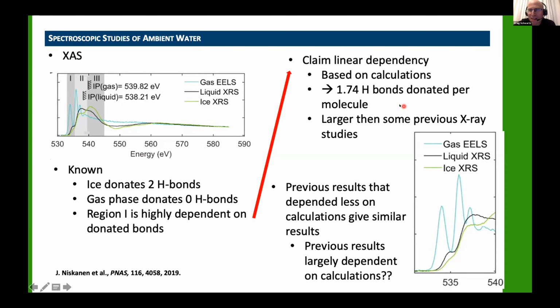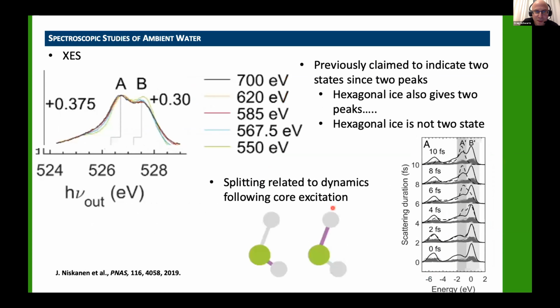This sort of implies that there's a linear dependence to donated hydrogen bonds. This is larger than some previous studies, but it's in line with those that haven't done calculations. The people who have gotten vastly different numbers have been doing it based largely on calculations. So this is sort of an answer you might get from like 50 or 60 years ago, and this aligns with that.